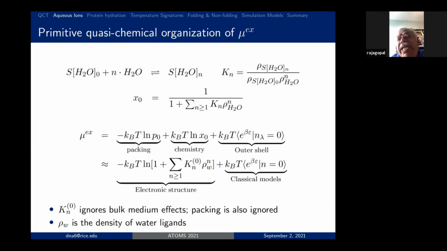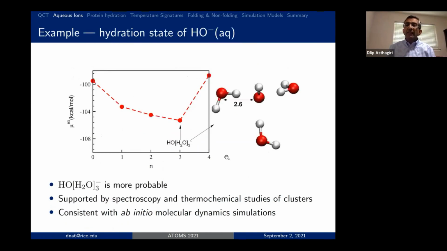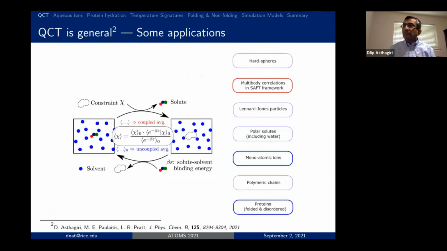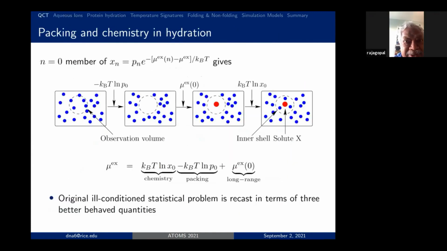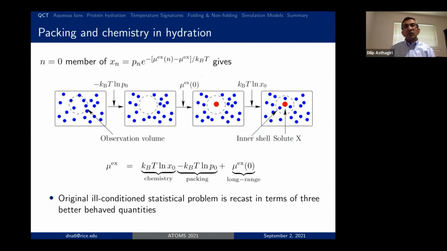Will such an approach work for straight chain alkane solvents also? So, you're asking me, will our approach work for straight chain alkanes? Yes, as a solvent. I have not done that work myself, but we can certainly do this.